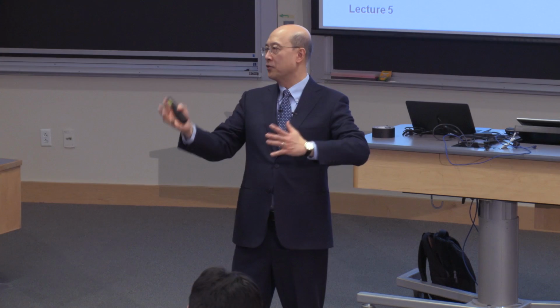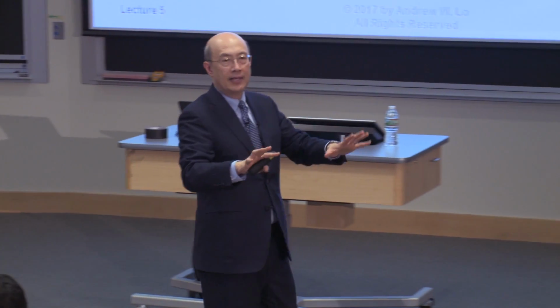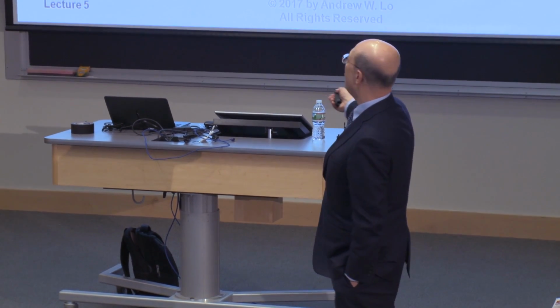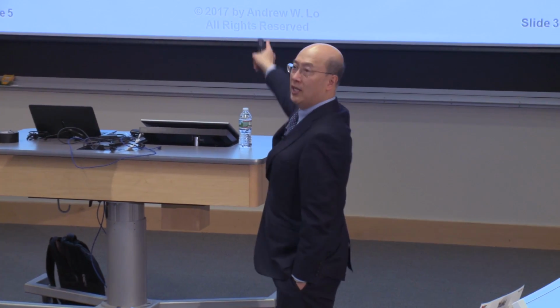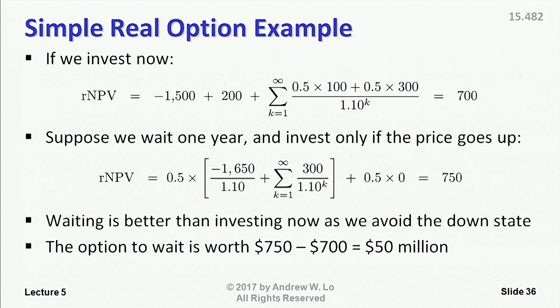These maximum functions, the maximum of 0, it's basically telling you that I can prevent bad things from happening to some degree. Because in this case, where you don't know what's going to happen, effectively you are locked in to taking that plant even when the price goes down to 100 million, right? Because you bought the plant today.